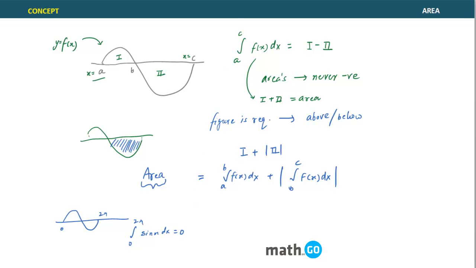But if I ask what the area is, you will not say that the area is 0. Area cannot be 0, right? This is area 1, this is area 2. So I told you to remember this: this is 2, this is 2. But if I ask the area of sin x from x equal to 0 to 2 pi, then the answer would not be 0. You will say, sir, the answer is 4, right? So I hope the concept is clear.